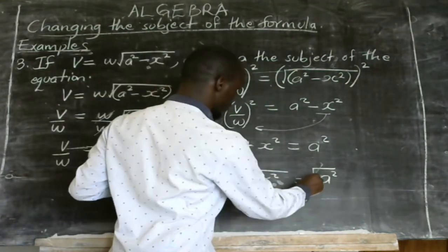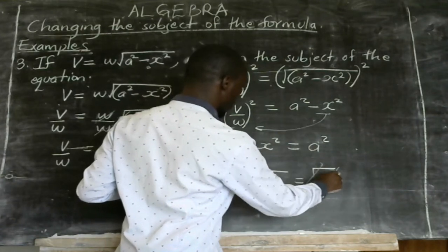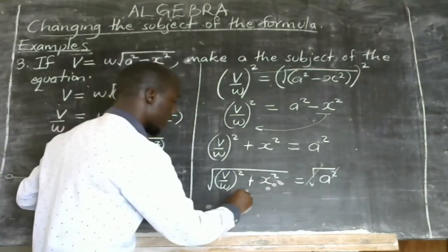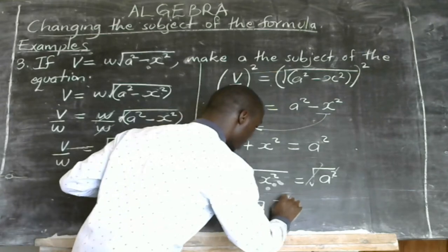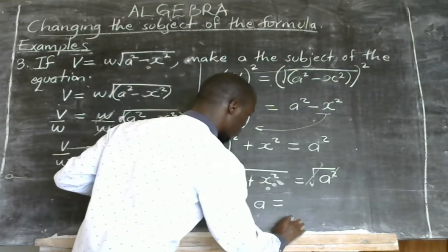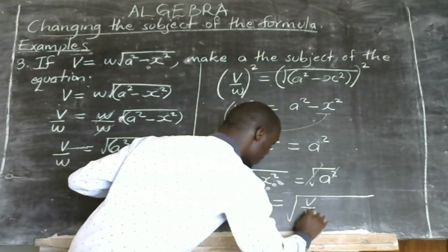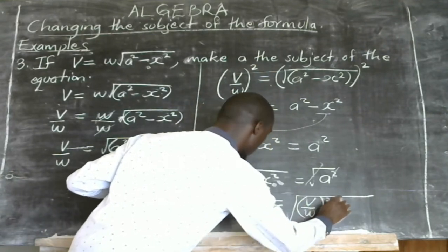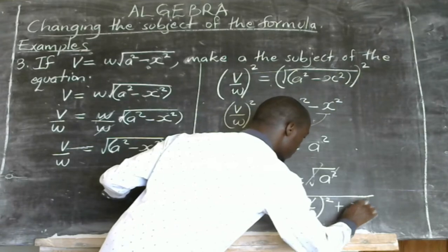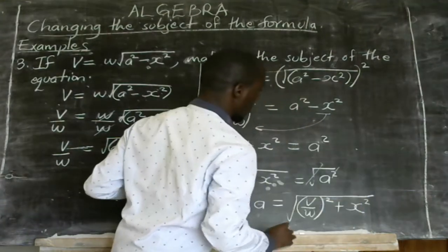So this root is going to cancel out the square. Then finally I'll have a equal to the square root of v all over w squared, then plus x squared.